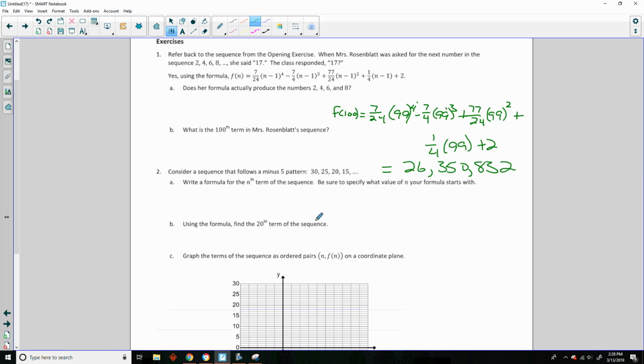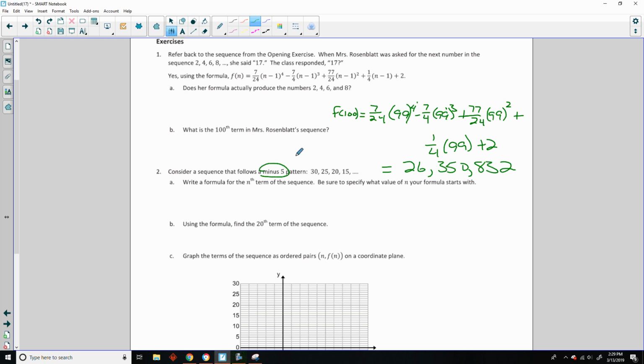Number 2 says, consider a sequence that follows a -5 pattern. It decreases 30 to 25 to 20 to 15 and continues. Write a formula for the nth term of the sequence, be sure to specify what value n your formula starts with. Okay, so I know this is in multiples of 5.